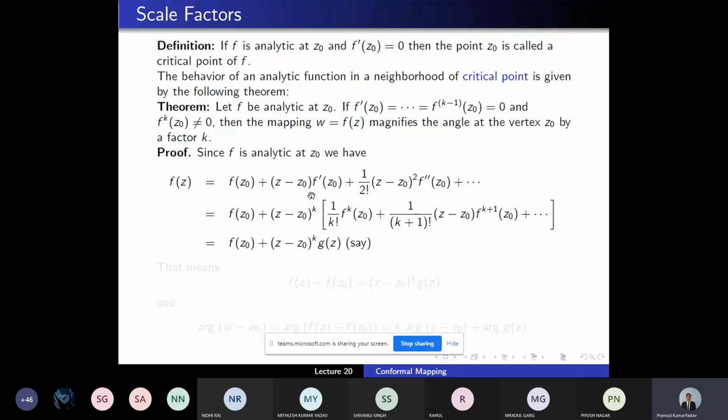Now we can take z minus z naught to the power k common from all the terms.